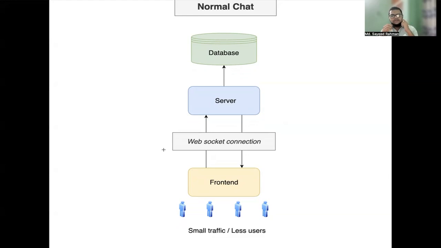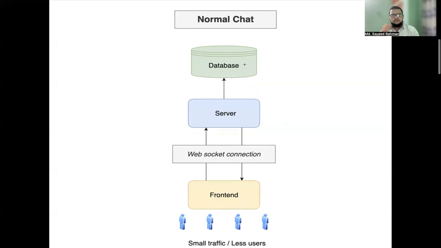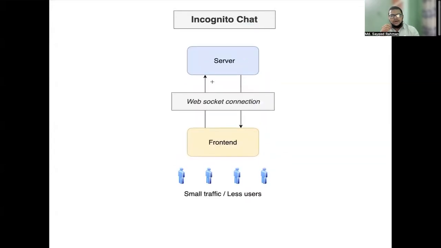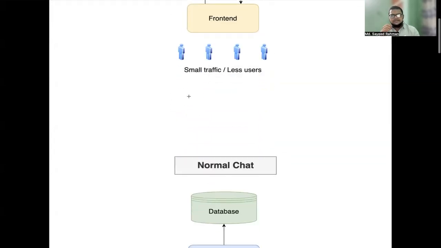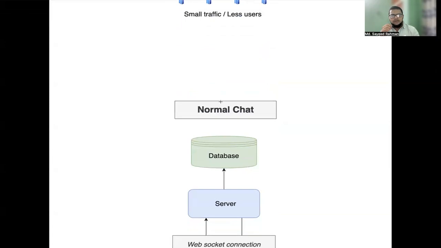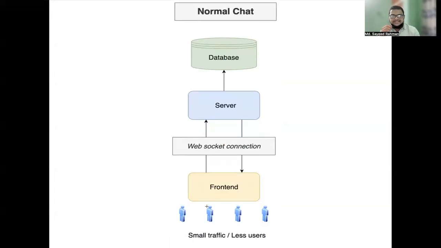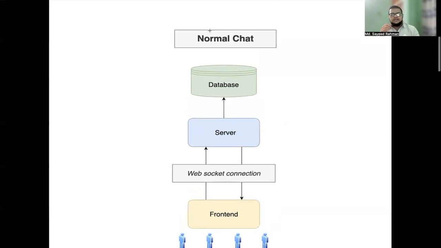But one thing extra you will notice here is the database, which was not in the previous diagram. Why? Because as this is a normal chat, not in incognito mode, we must preserve the data. Whatever the users are sending from front end to back end, the messages must be saved in the database. So we are persisting the data, and it is a normal chat now.